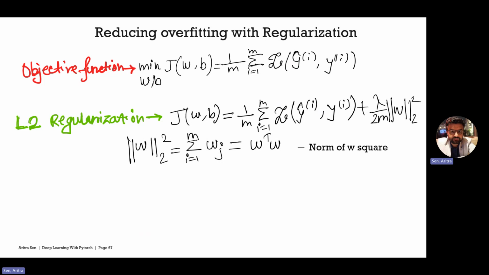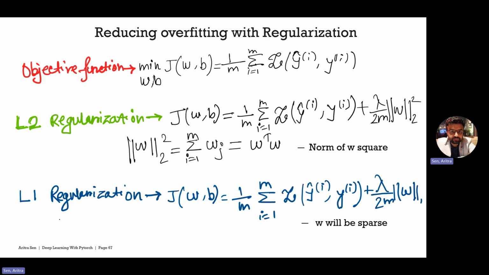And there is a separate type of regularization, very similar to L2 regularization, but here, instead of the norm of W squared, we are just taking the norm of W. This is L1 regularization, and in this case your W will be sparse. Lots of the weights will be zeroed out, and as a few of the weights become zero, your model will be much simpler in nature.